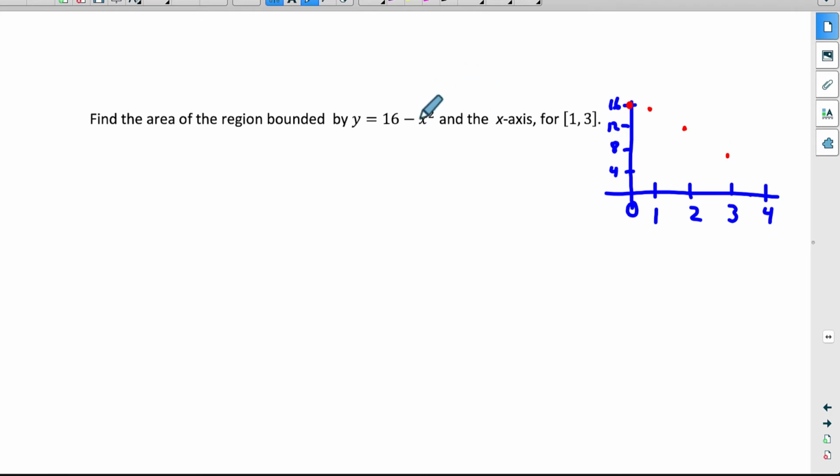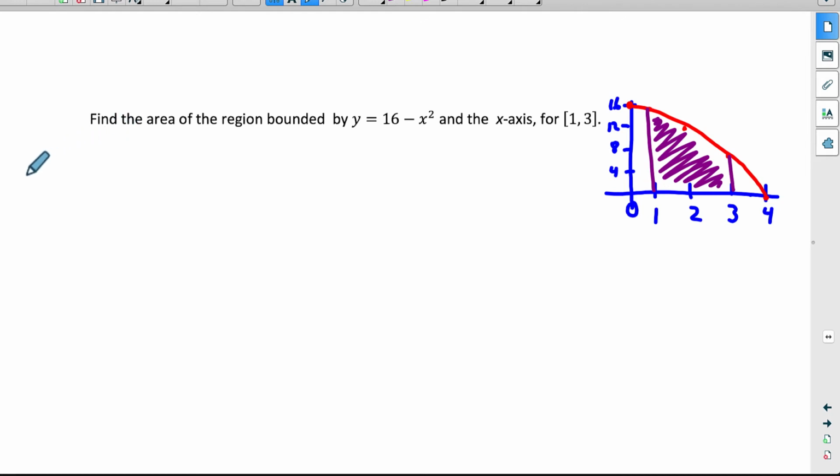And if you put 4 in there, 4 squared is 16, 16 minus 16 is 0. So this is supposed to be, I know it's not the greatest drawing, half a parabola, right? And what we're interested in is how much area is bounded from 1 to 3. How much area is there underneath the curve but above the x-axis? We're going to find this area right here.